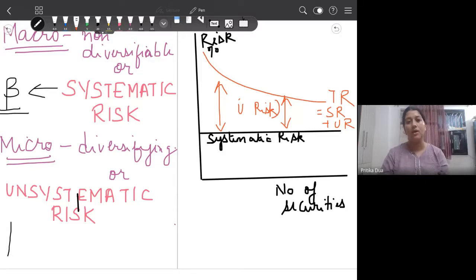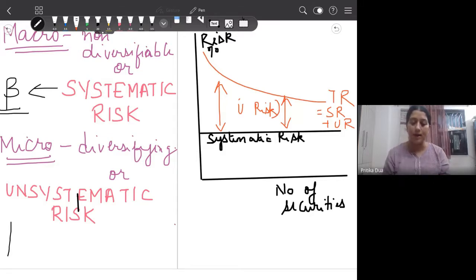So with increased diversification, the total risk of your investment will fall. So this is how we show the relationship between risk and diversification. Okay, I hope this is clear.